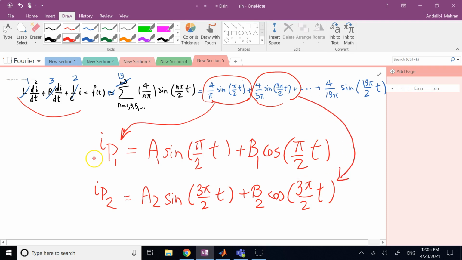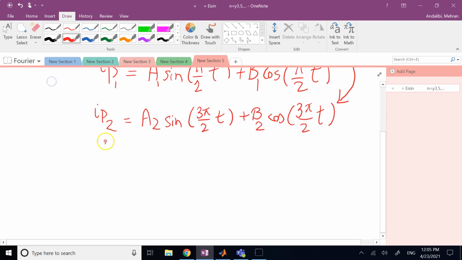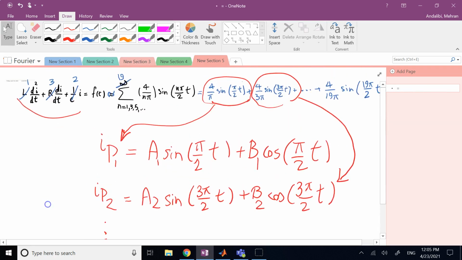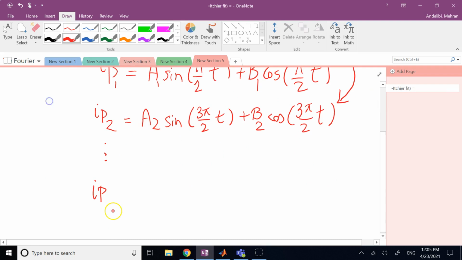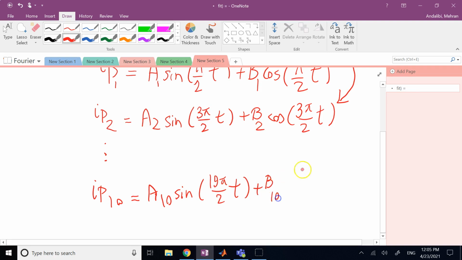And so on and so forth, correct? So you find all of this all the way to IP9. In this case, it's going to be, I assume, 10, right? So that number 10 is going to be A10 times sine of 19 pi over 2 t plus B10 times cosine of the same thing.